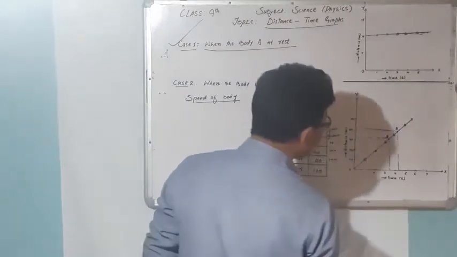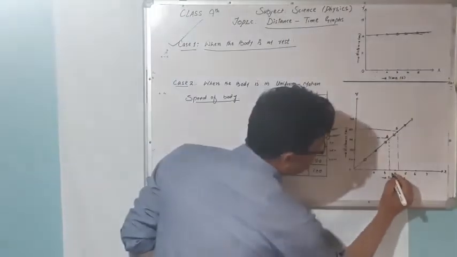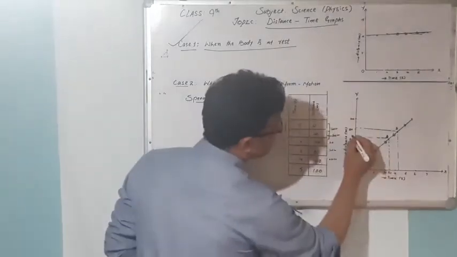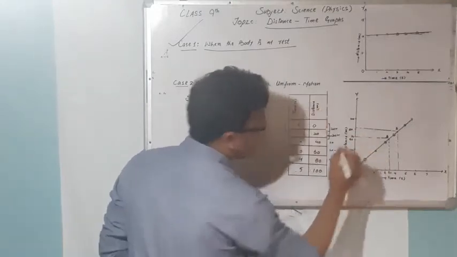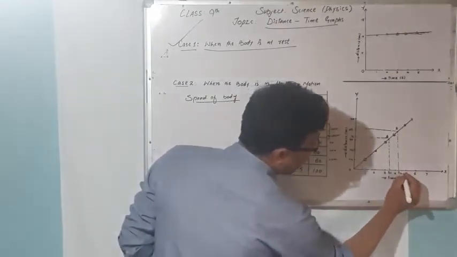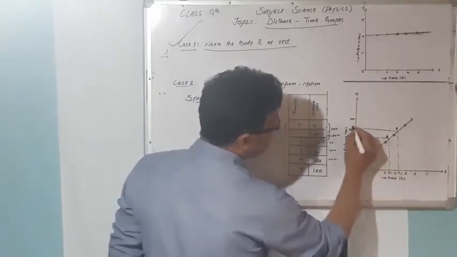Now, here at time t1, the distance covered will be s1, and at time t2, the distance covered will be s2.